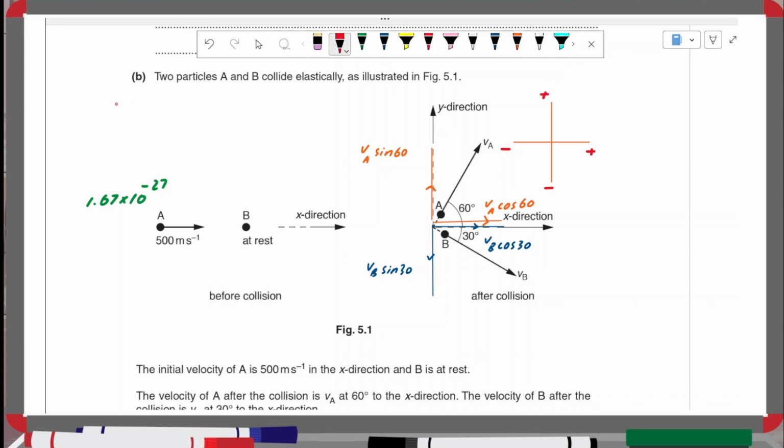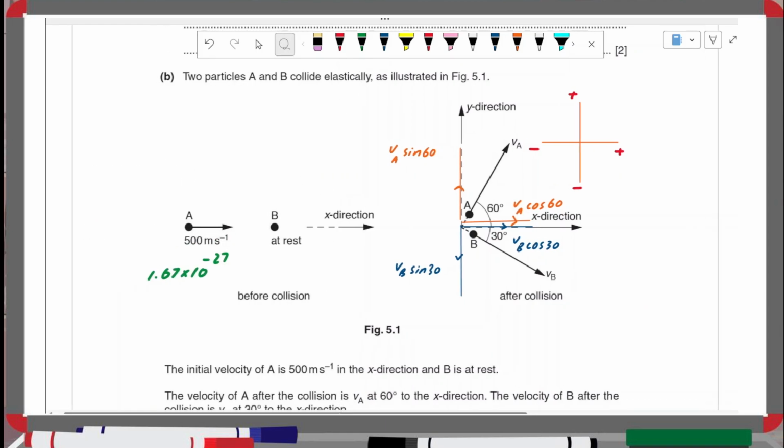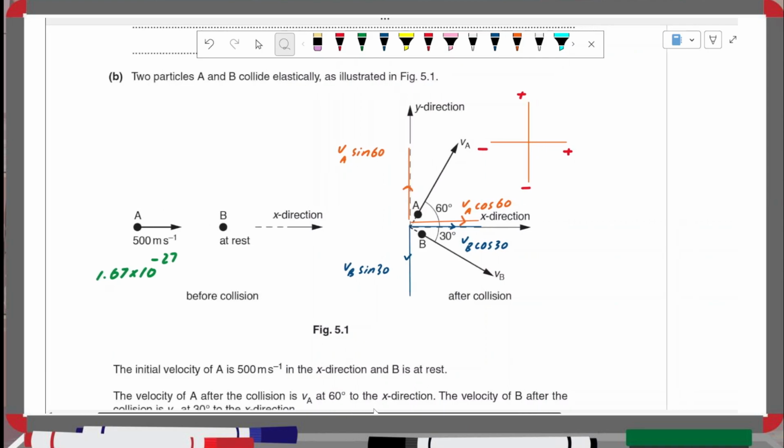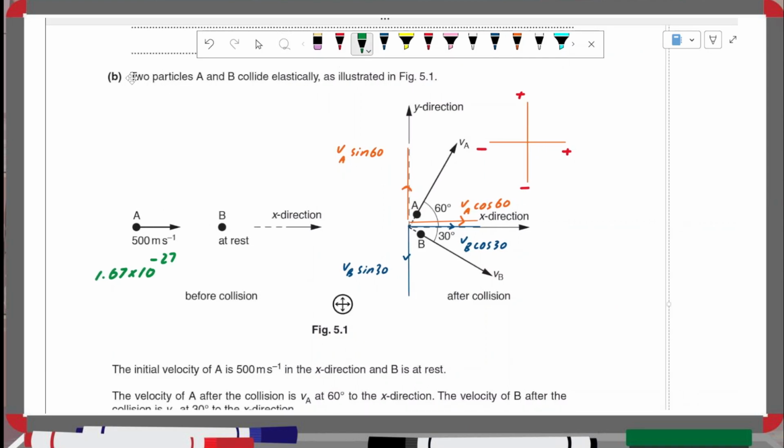So momentum before collision would equal the momentum after collision. But when you have momentum in 2D, it means you have the velocities along the x-axis as well as along the y-axis. Then you use the law of conservation of momentum first along the x-axis and then along the y-axis. That's it.